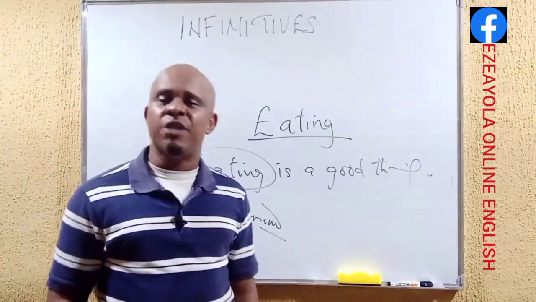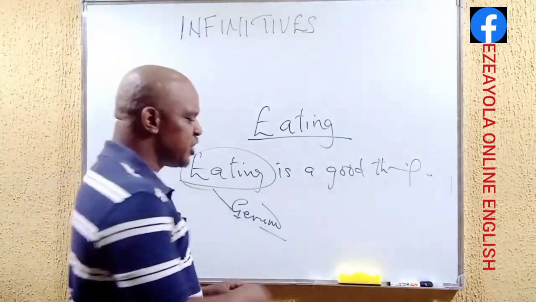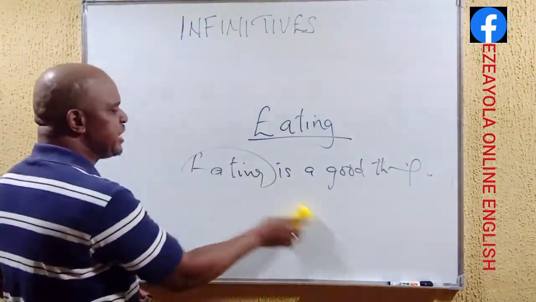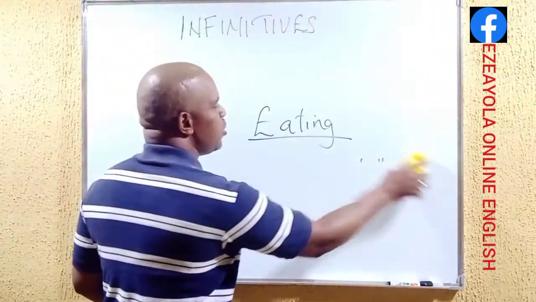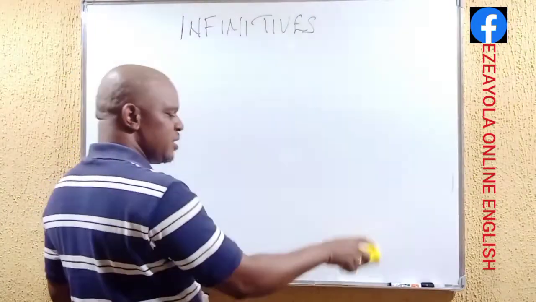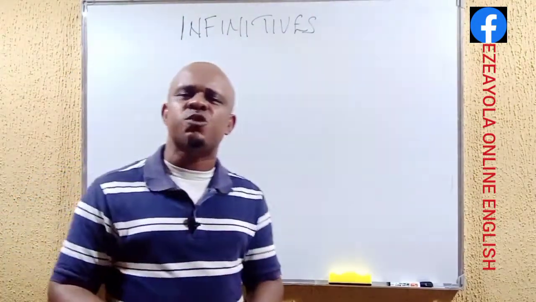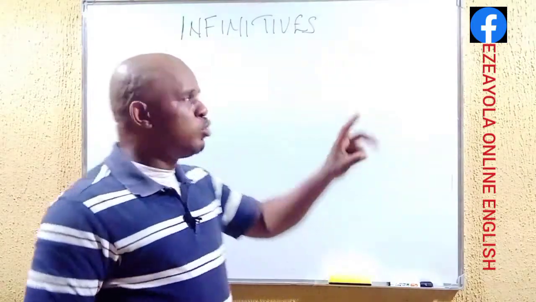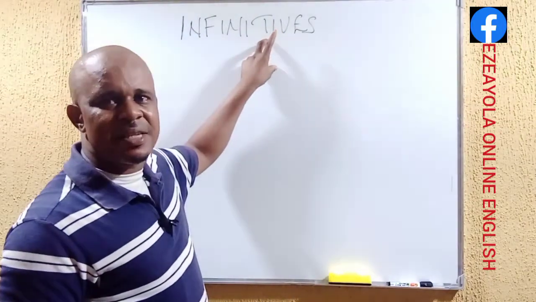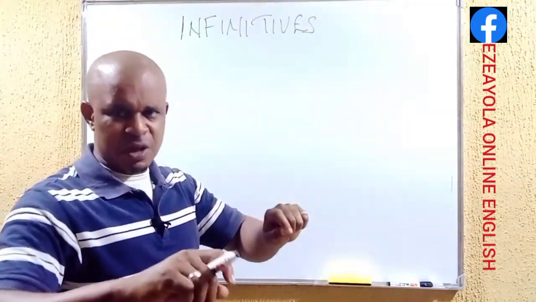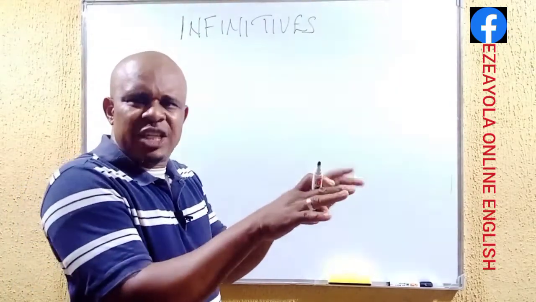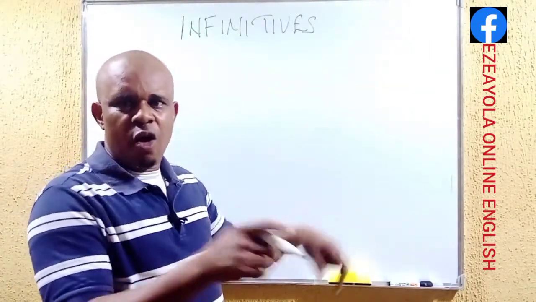Sorry, that's a digression. We are not talking about gerund. I only did it because I need to tell you about the different aspects of the nouns. Today, our topic is centered on the infinitives, which is another aspect of the nouns.